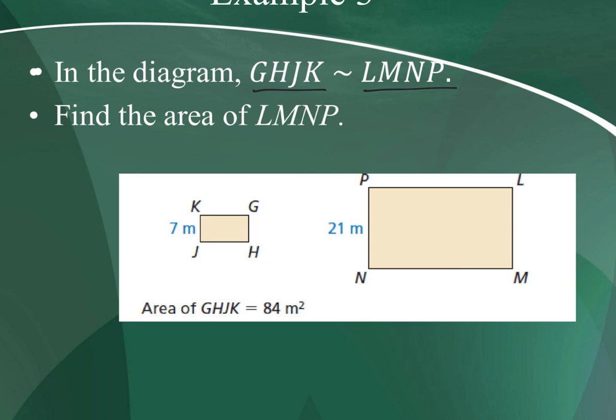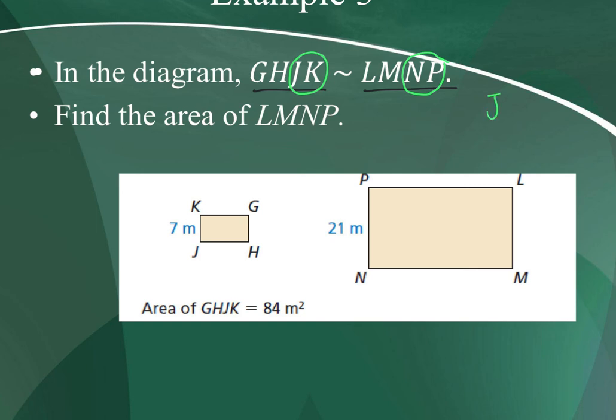Good. What are the corresponding sides? Good. KJ and PN. Now, remember, KJ is from this figure, and PN is from this one. Are they corresponding? Yes, because they're both the last two letters in their similarity statement.